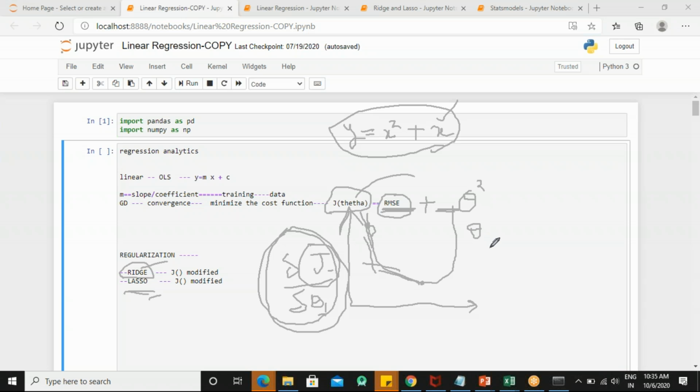That's it, only theta, not theta squared. OK, now what will happen here? So for that, one second.